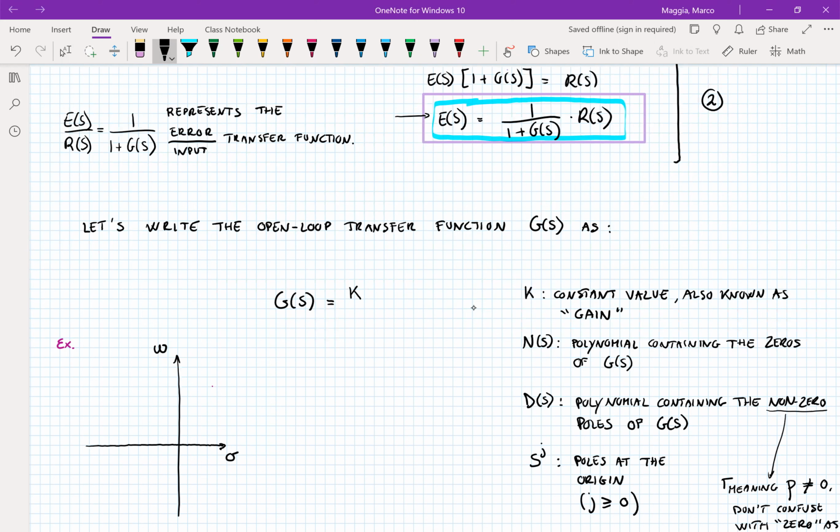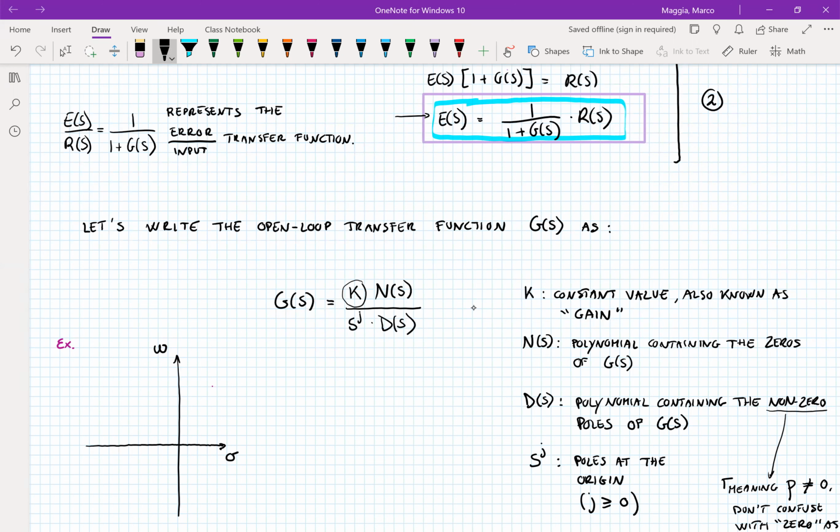That's what in control systems we use gain for, a constant value, times N of S. In this case, N of S is not properly the whole numerator, it is just a polynomial at the numerator apart from a constant, over S to the power of J times D of S.